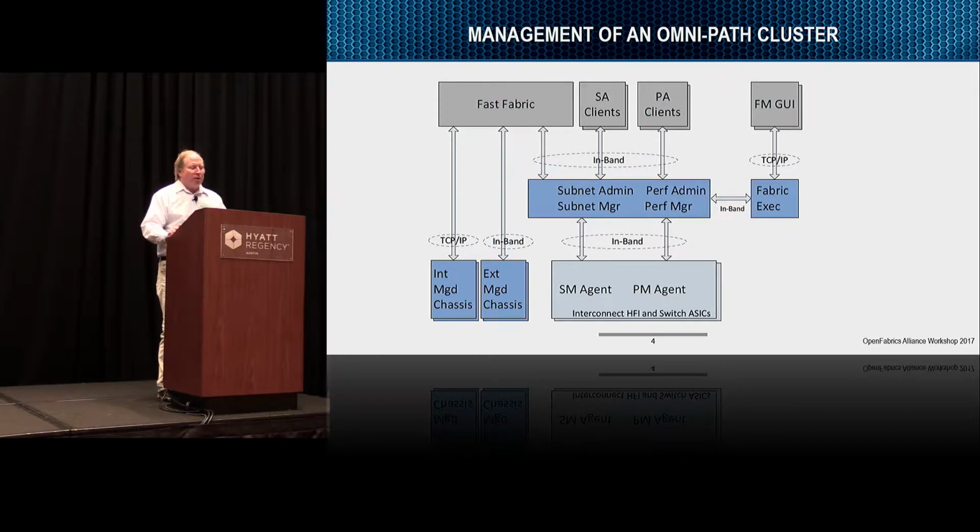This is the component that's constantly monitoring the fabric, looking at performance, error statistics, utilization, congestion, and these operational details of the fabric. We chose the approach of integrating these into the same process because, quite frankly, a number of years ago we had tried these as separate processes, and what we found is there was greater scalability and efficiency by putting them together, because many of the details the performance administrator and performance manager need to understand in order to monitor the fabric is information the fabric manager, the subnet manager, inherently already knows.